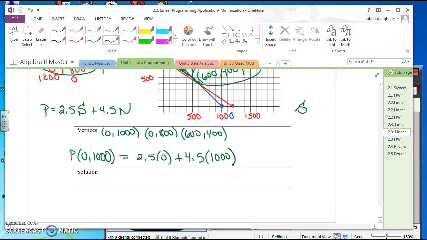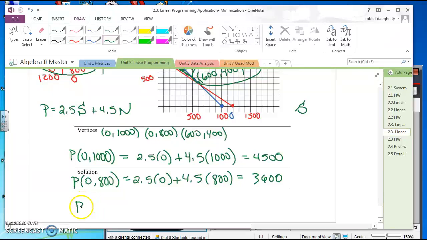So that is going to be 4,500. And then let's try at 0, 800. That's 2.5 times 0 plus 4.5 times 800. That's 3,200 plus 400. Let's see, 3,600.